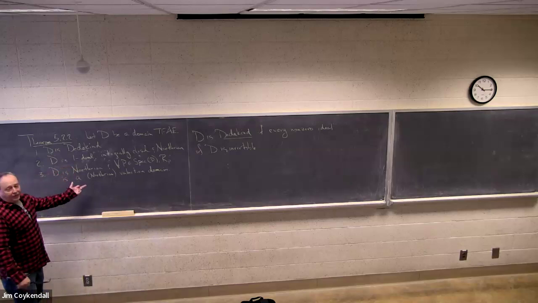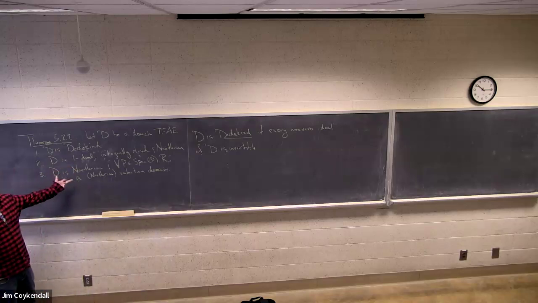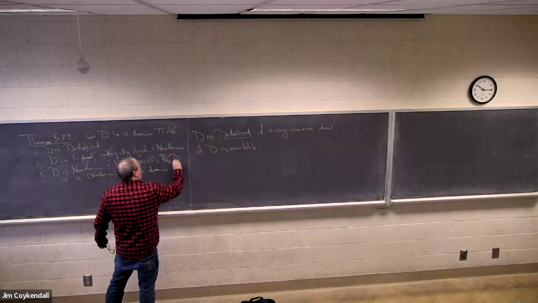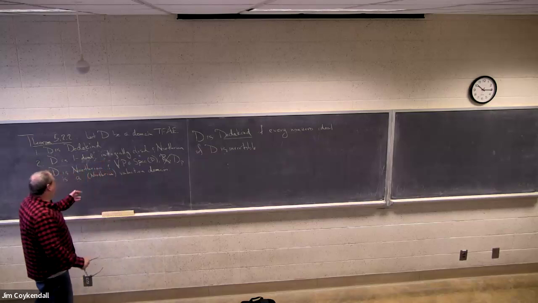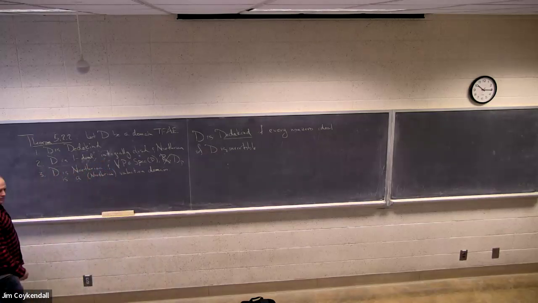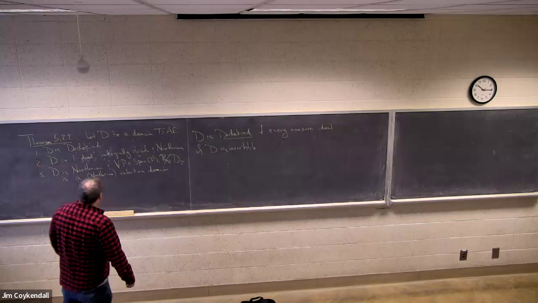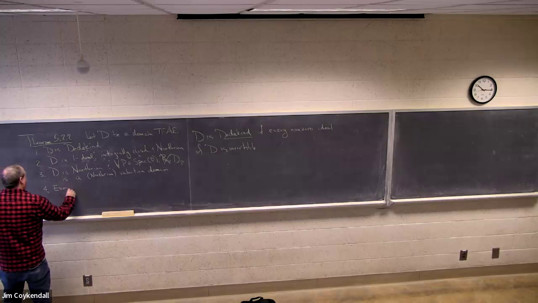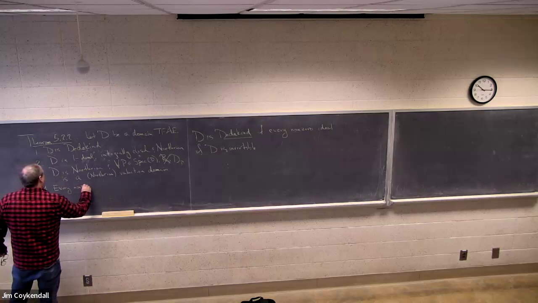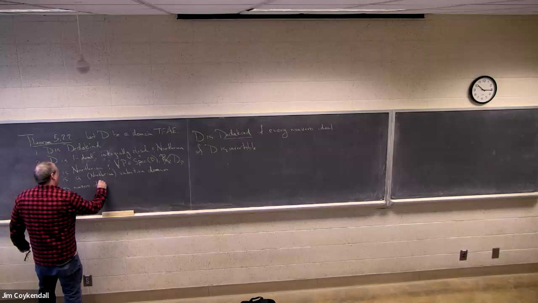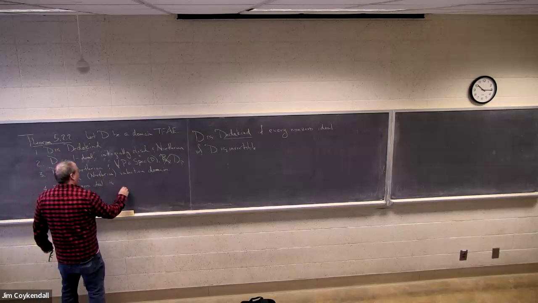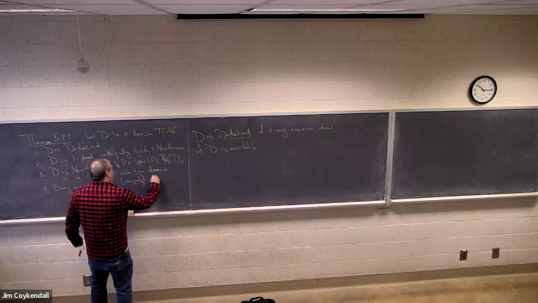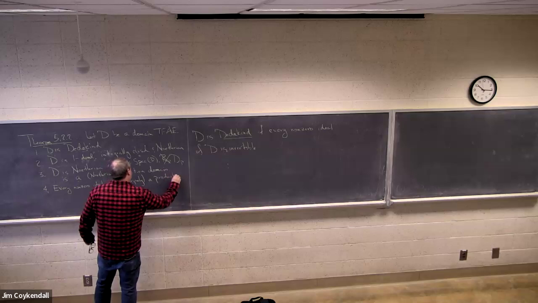I put the Noetherian in parentheses here because if you assume the Noetherian in the first place, then the D_P is still Noetherian. And four, every non-zero ideal is uniquely a product of primes.